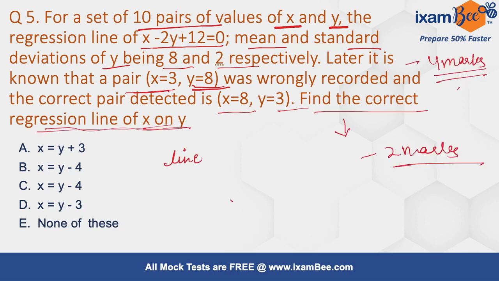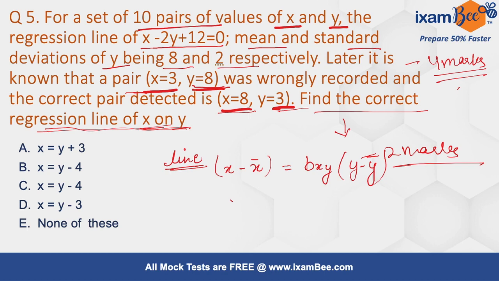Before moving forward, how do we write the equation for this type of line? Here, the equation should be x minus x bar. As it is a regression line for x on y, we should have a coefficient for x on y, and then y minus y bar. Now we know the pair was changed.